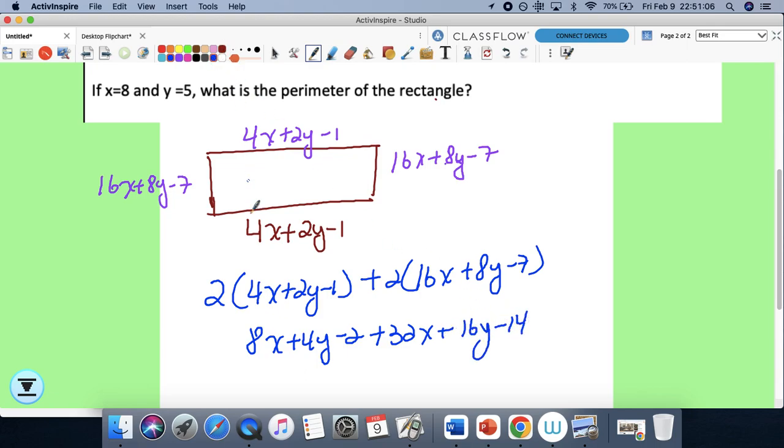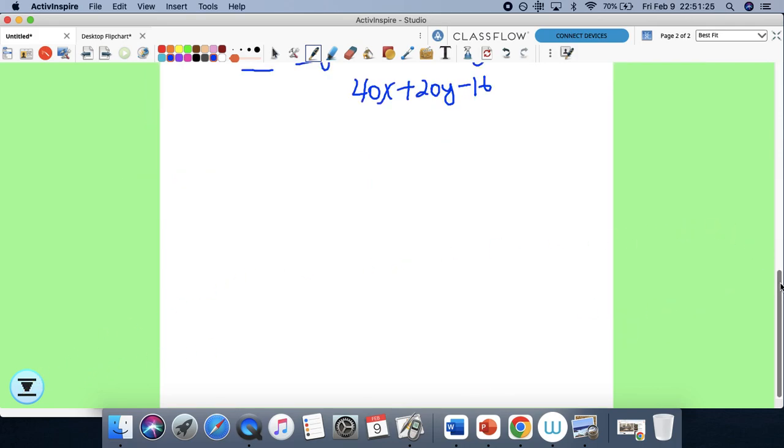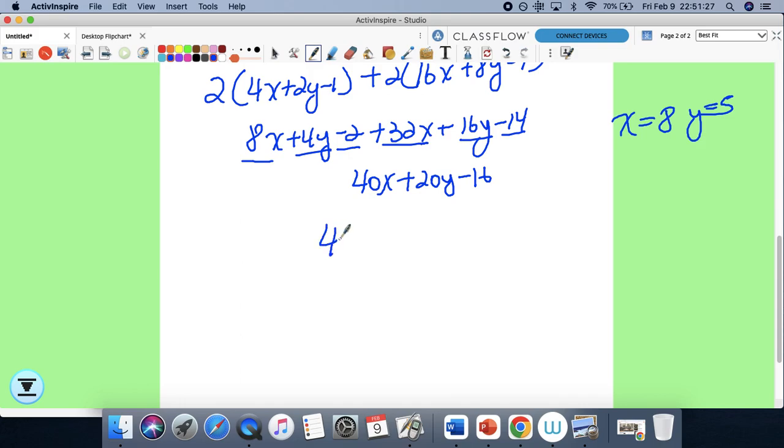We can finally combine like terms. 8x and 32x is 40x. 4y and 16y is plus 20y. And negative 2 and negative 14 is negative 16. So there's my perimeter. But we know that x equals 8 and y equals 5. So we can actually get a numerical value. 40 times 8, because x equals 8, plus 20 times 5, because y is 5, minus 16. 40 times 8 is 320. 20 times 5 is 100, minus 16.